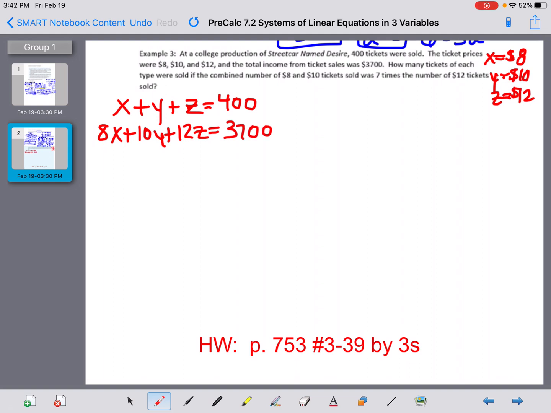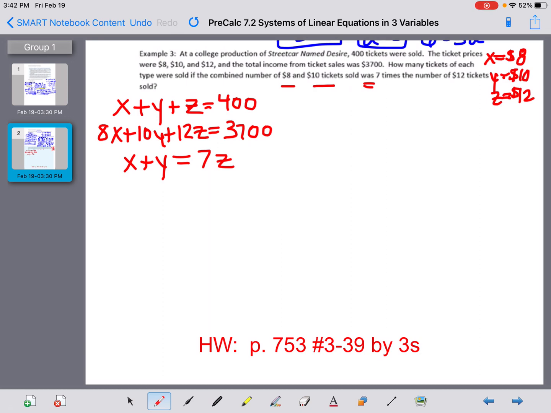Okay, the third equation, they gave us kind of this rule. The combined number of 8 and 10 tickets sold, so X plus Y, was, that's my equal sign, 7 times the number of 12, so 7 times Z. Okay, there's my three equations.